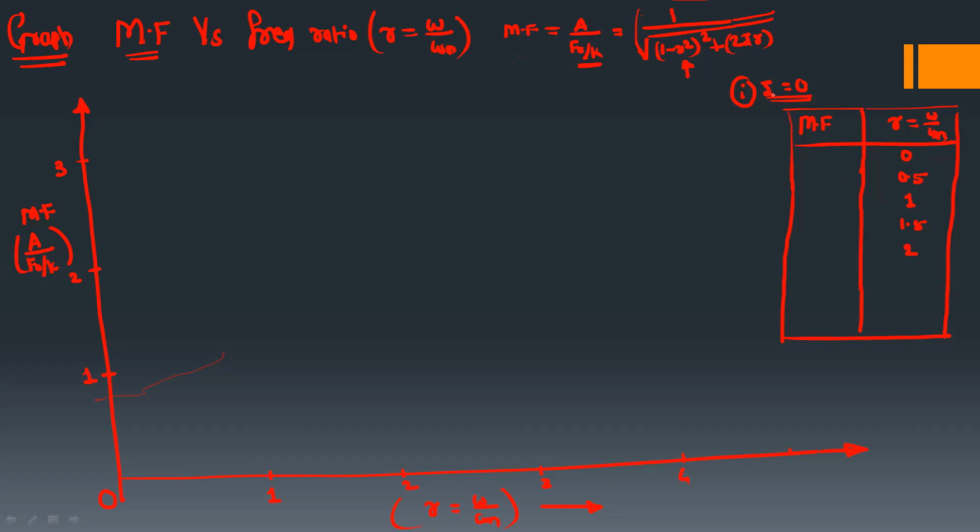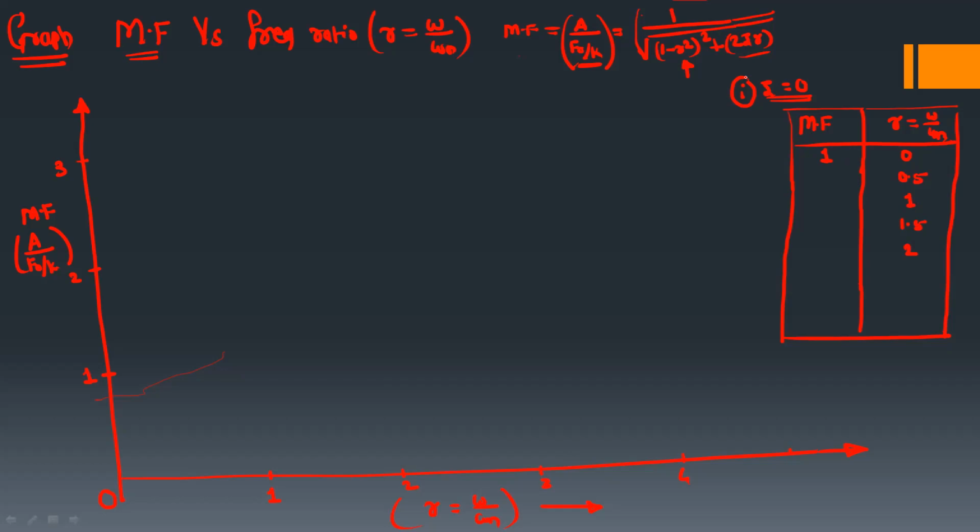And our first value zeta is 0. So as zeta is 0, this total term is 0. Okay. So when you put the R value 0 in this equation, you will get 1 upon square root 1 minus 0. So finally, your value of this function A upon F0 upon K, it will become 1. That is the magnification factor is 1 at the 0 frequency.